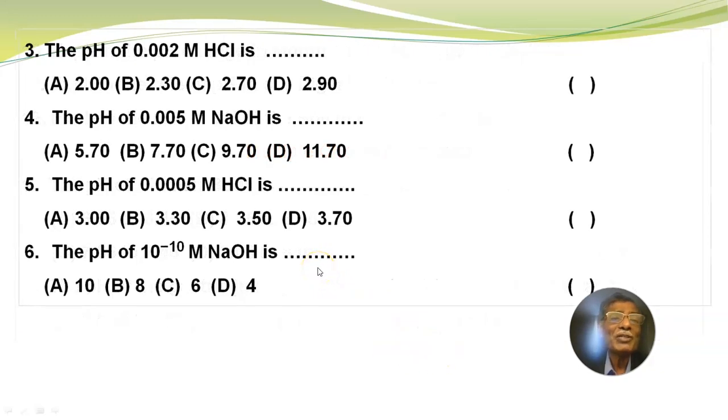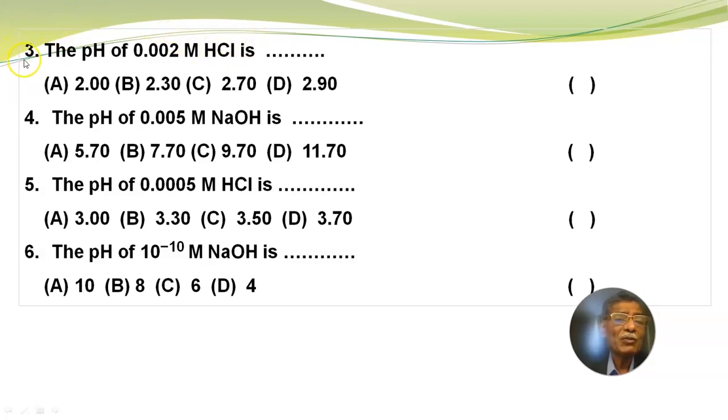3. The pH of 0.002 molar HCl is A. 2.00, B. 2.30, C. 2.70, D. 2.90. 4. The pH of 0.005 molar NaOH is A. 5.70, B. 7.70, C. 9.70, D. 11.70. 5.